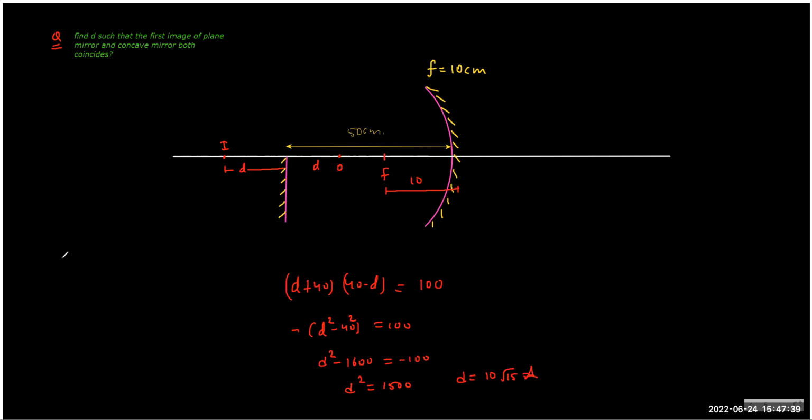Or you can solve by the UV formula, 1 by U plus 1 by V equals 1 by F. So what is U here? The U will be 50 minus D, right? That's easy. And what is V here? 50 plus D with minus. And what is F? Minus 10. So again, this will cancel out. So this will be 1 by 50 minus D, you can take the LCM, whatever you want.